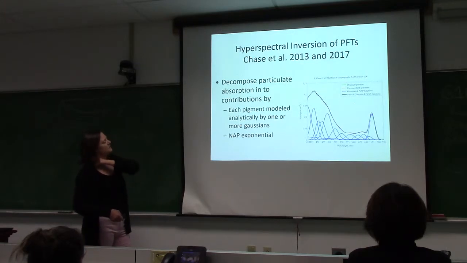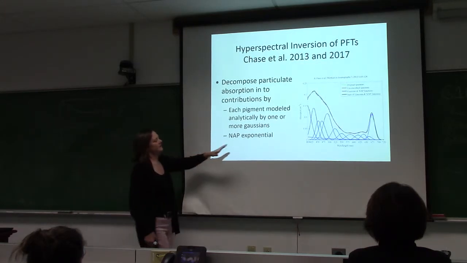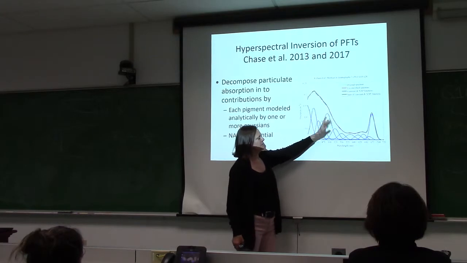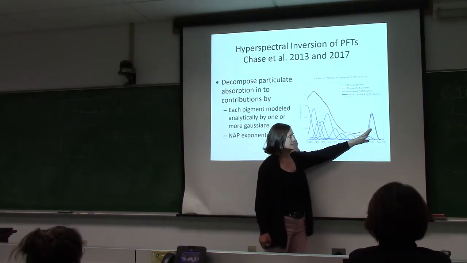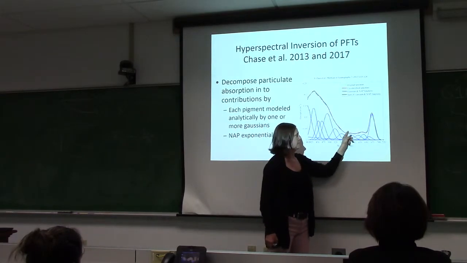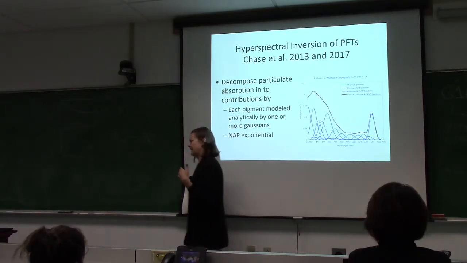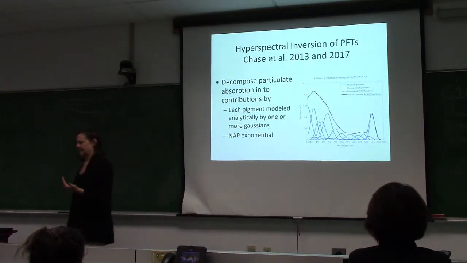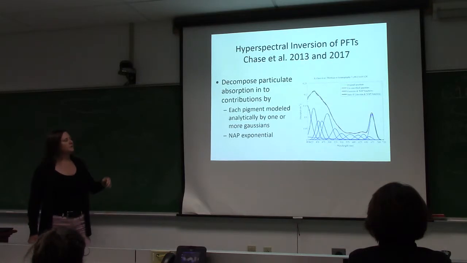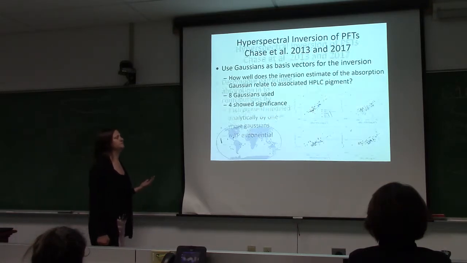But the point being that if you can identify which Gaussian is associated with which pigment, or which series of Gaussians is, say, associated with chlorophyll, the harmonics, then you could estimate by linear regression which pigments are contributing to your absorption spectrum. So that was great. It was a nice paper.